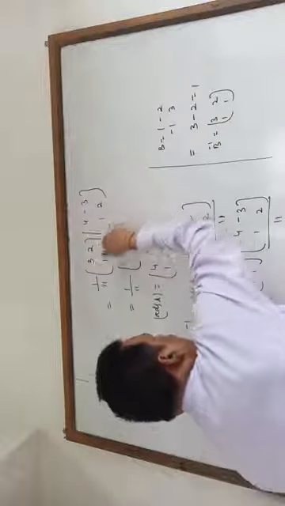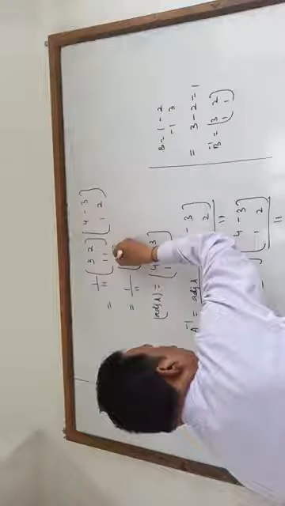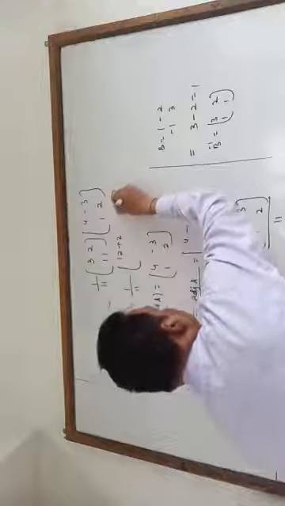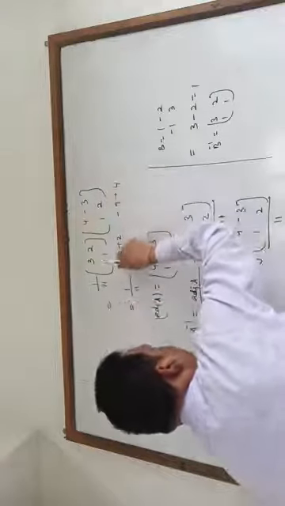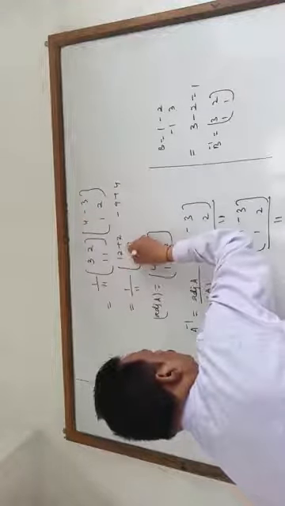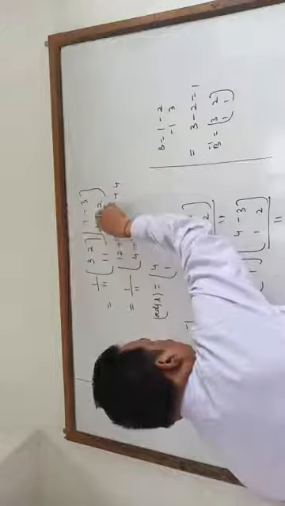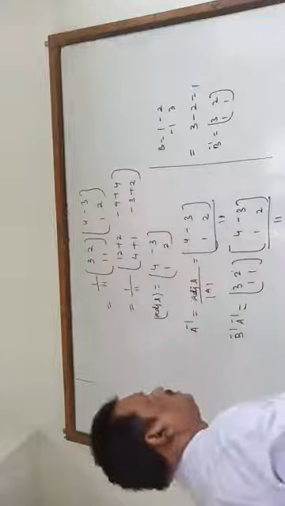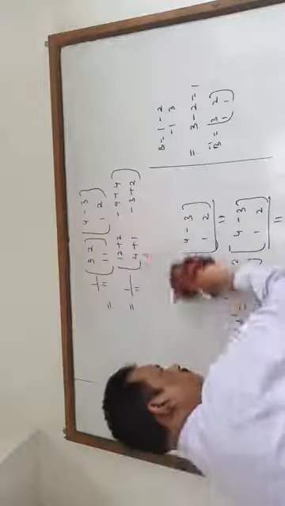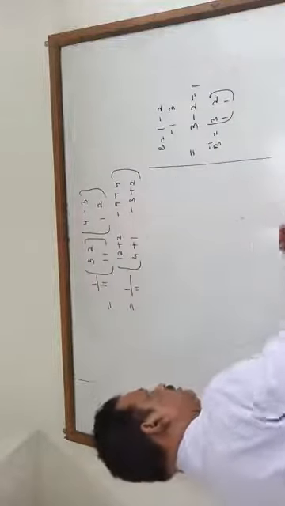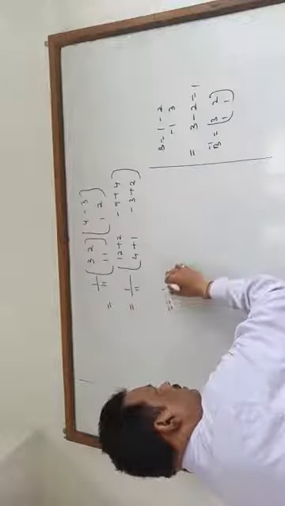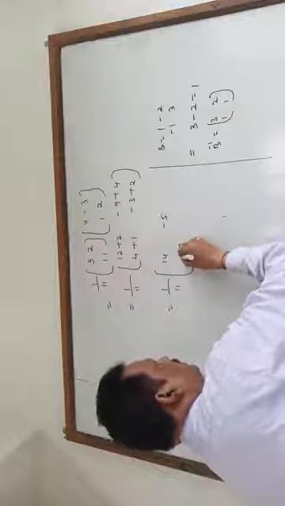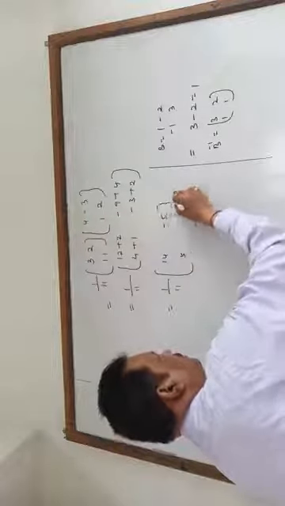Let's multiply, 1 upon 11. This is multiplication. 12 plus 2, minus 9 plus 4, 4 plus 1, minus 3 plus 2. So that becomes 1 upon 11, 14, minus 5, 5, minus 1.